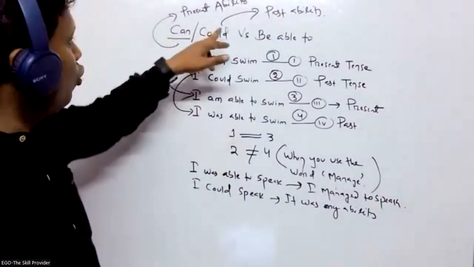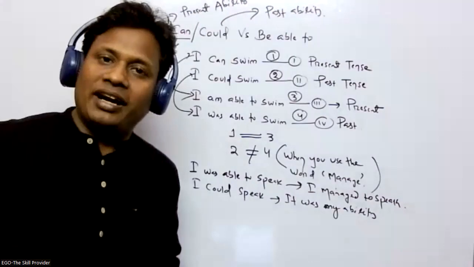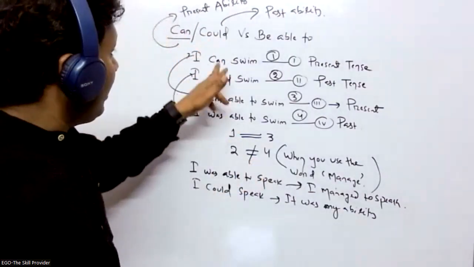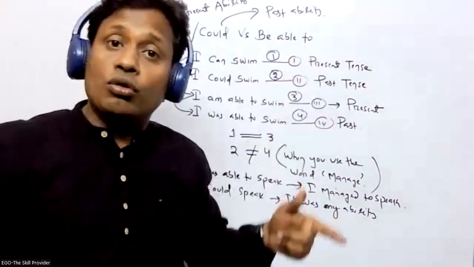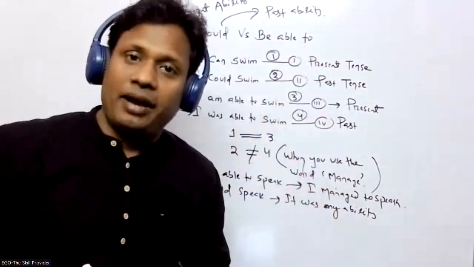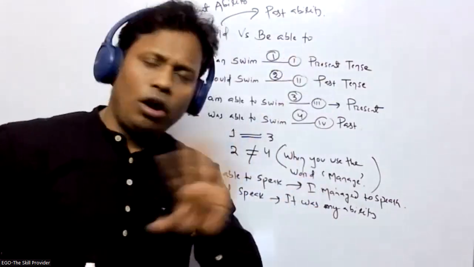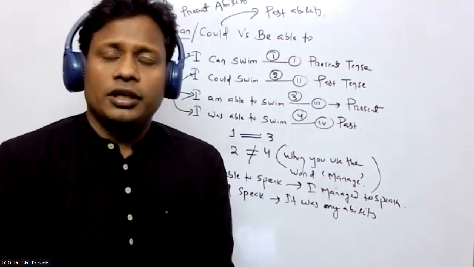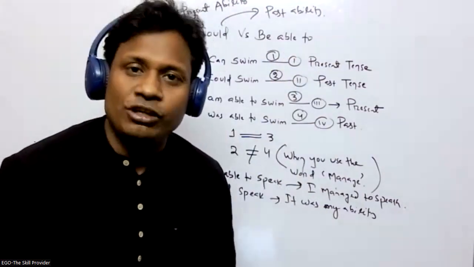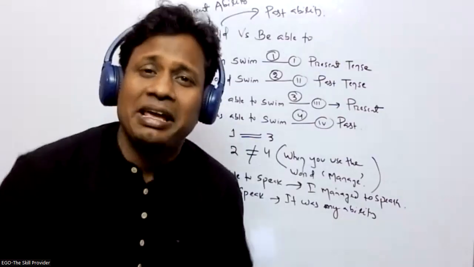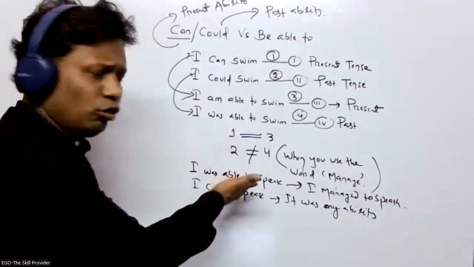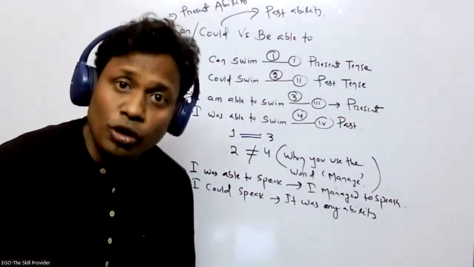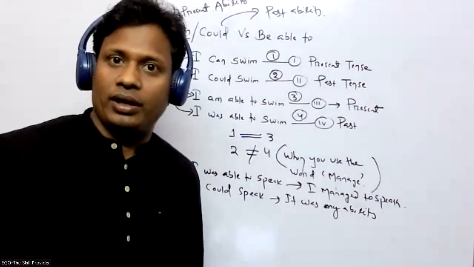But what is more important, like be able to, many people say the meaning is the same. Close to 90% you can check out the books, you can check out a lot of video lectures, you can find the same things everywhere, but nobody is going to give you the difference. That's more important. They're not exactly equal.